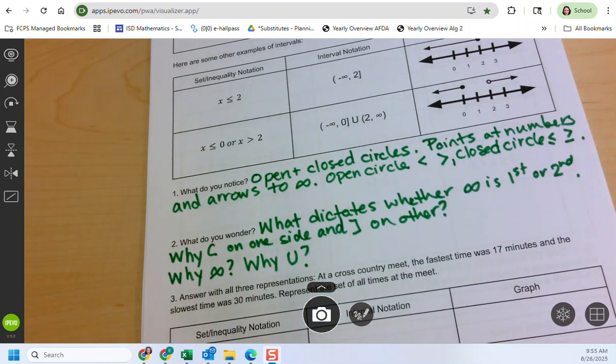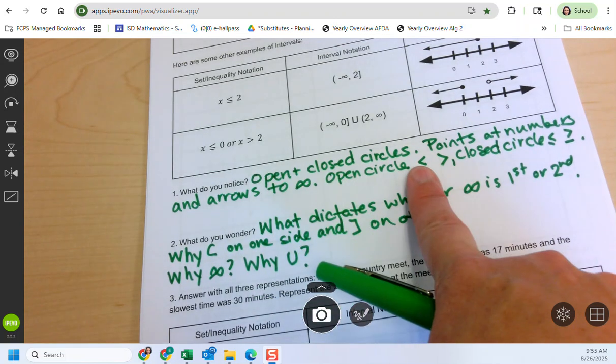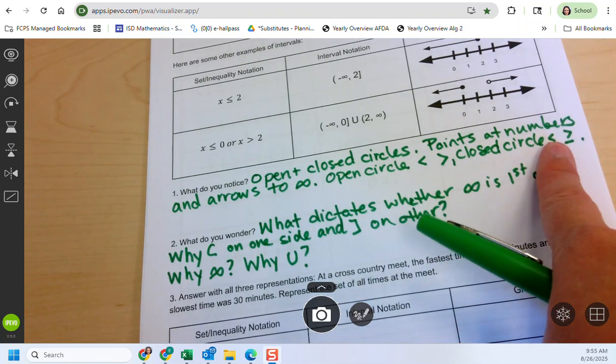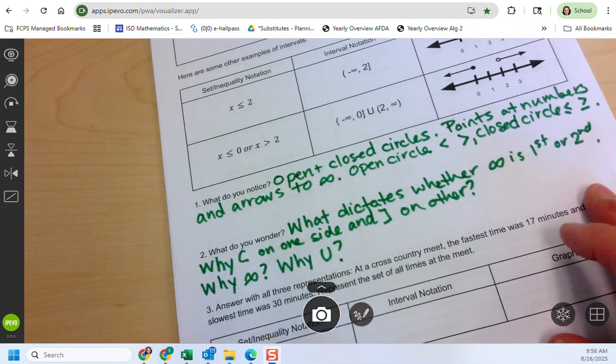All right, this group back here in the middle. Carolina's group, can somebody share something? Did you have a notice or a wonder to add? Beautiful. All right, so not only do the circles on the graphs compare with the less than or the less than or equal to, but also parentheses and brackets are related to that.